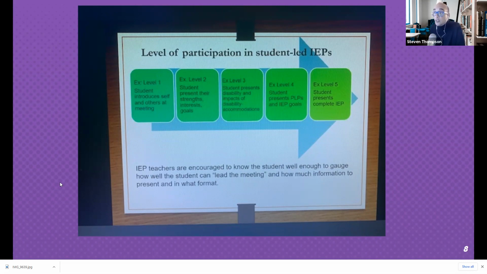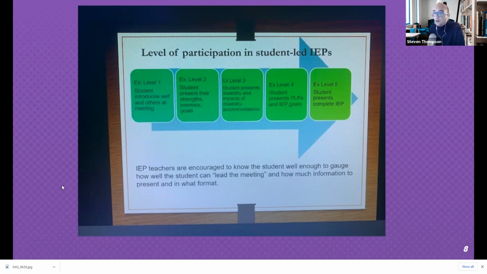A level 3 student could present the disability and the impact of their disability and their accommodations. Perhaps you have a level 4 student. They present the PLPs and the IEP goals. And a level 5, the student presents the complete IEP. Now, if you have a high school student who is going back to district, I think that they would be a level 5 student, that somebody could sit down and present the entire IEP.